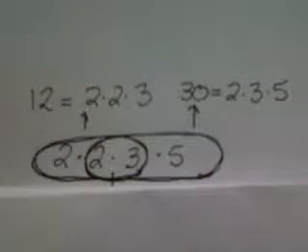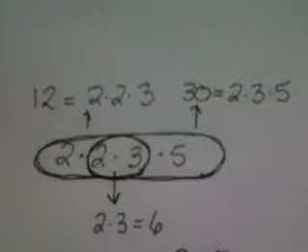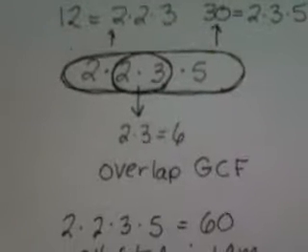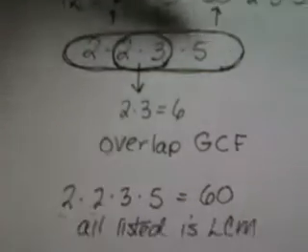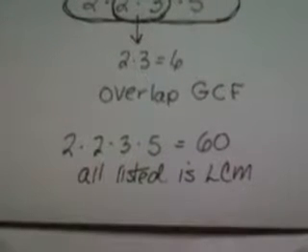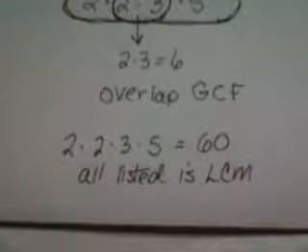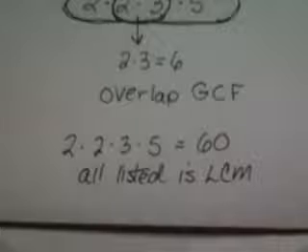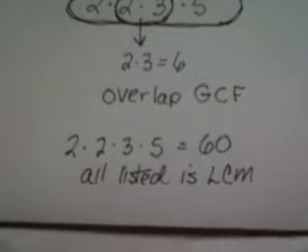And where they overlap, that is actually the greatest common factor. If I take a look at the bigger circle, where it lists all of the prime factors, 2 times 2 times 3 times 5, that tells me the least common multiple. 2 times 2 times 3 times 5 gave me 60. So that was the least common multiple, and that is another way that you can do these problems as well.